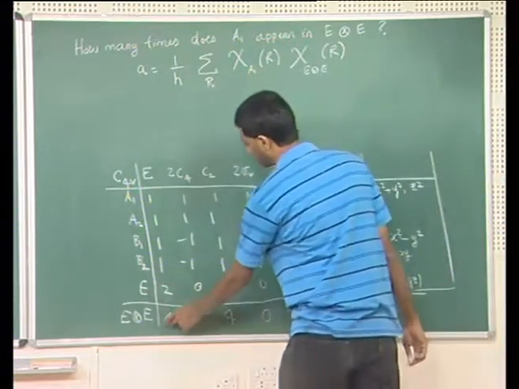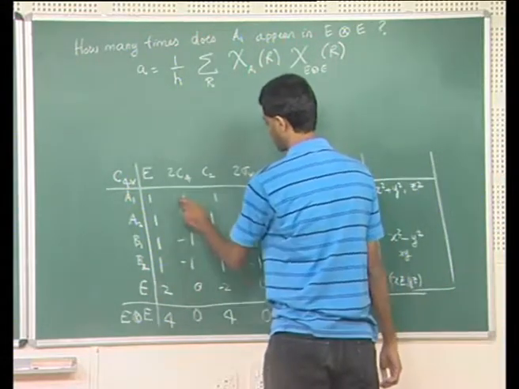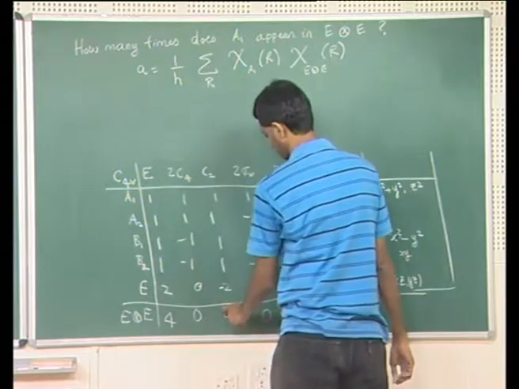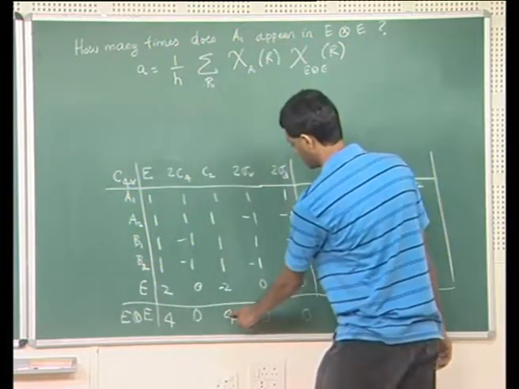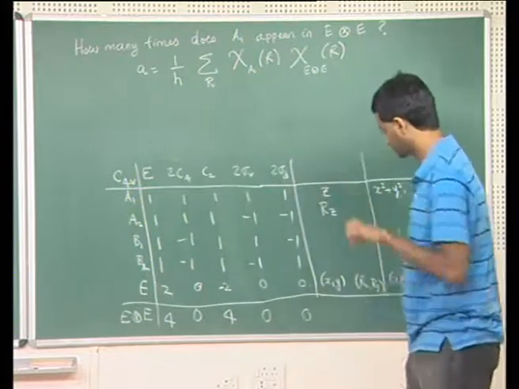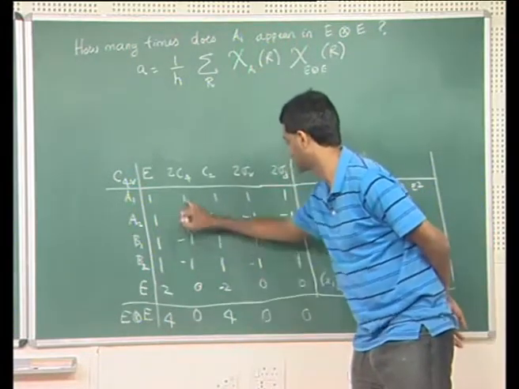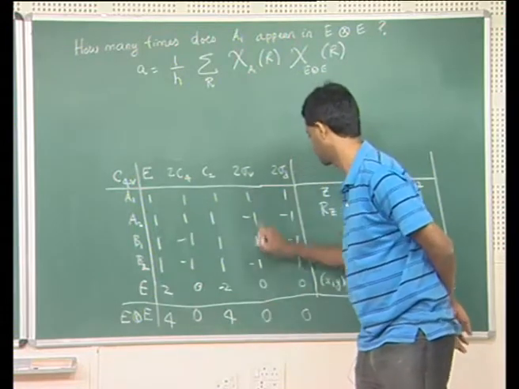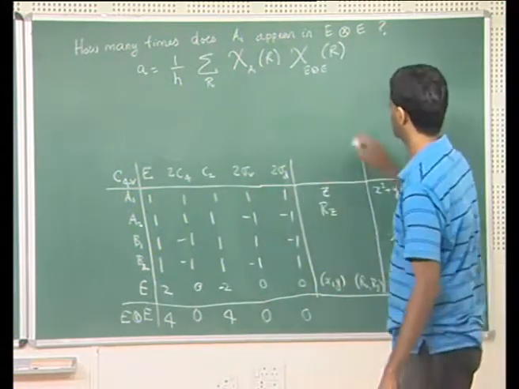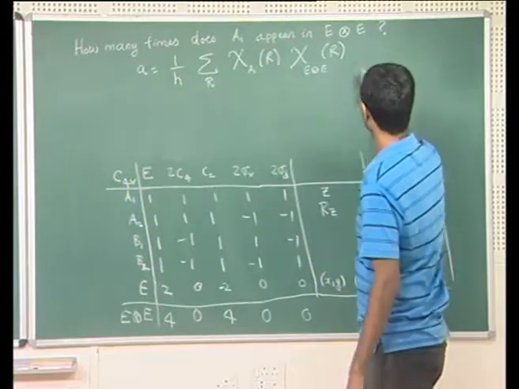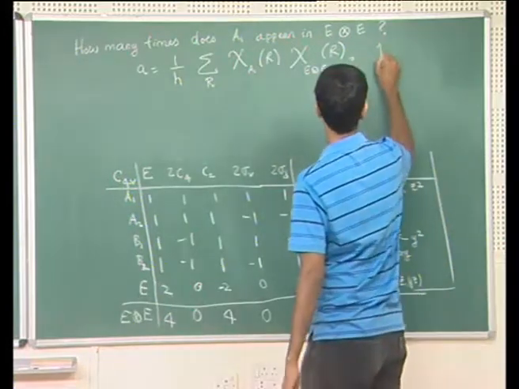So if I take 4 into 1 plus 0 into 1 plus 4 into 1 plus 0 into 1 plus 0 into 1, and h is equal to 8, this is equal to 1.